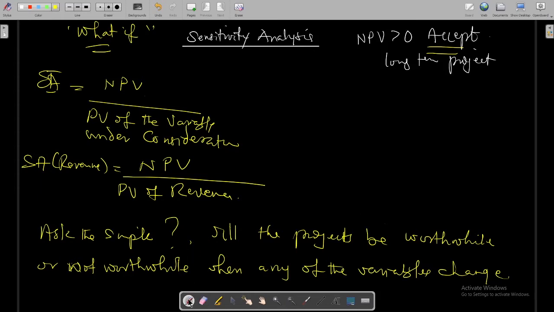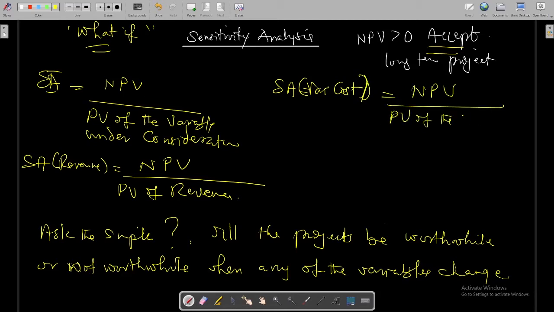The sensitivity analysis of the variable cost is going to be the NPV of the project divided by the PV of the variable cost.